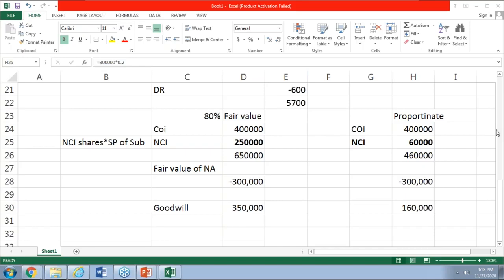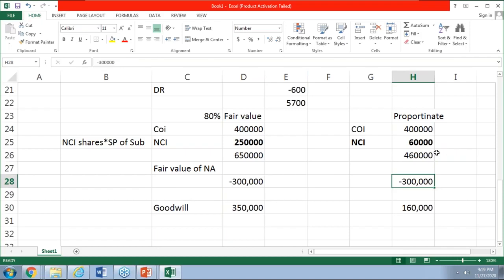Yes, this is also called partial goodwill. Now in the proportionate share, we take the percentage of net assets at acquisition. So NCI will be calculated as a percentage of net assets. So we have to calculate a percentage of 300,000 as the fair value of net assets.